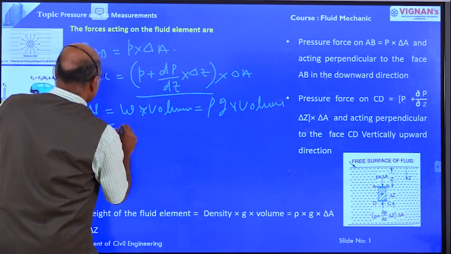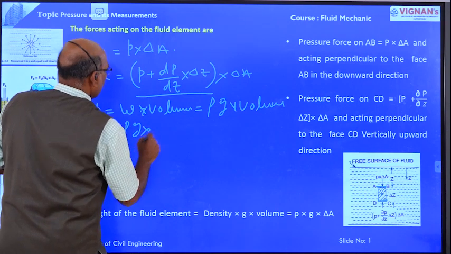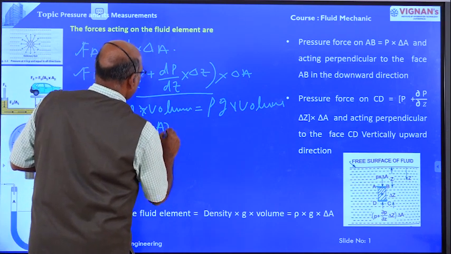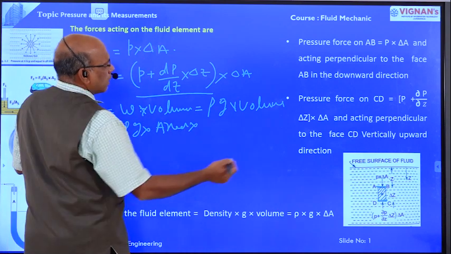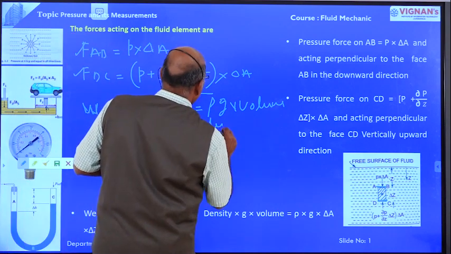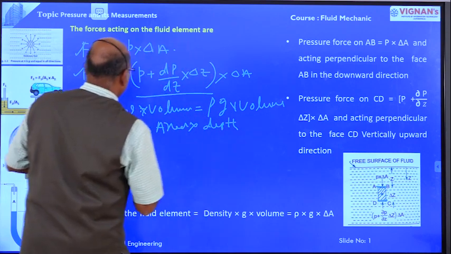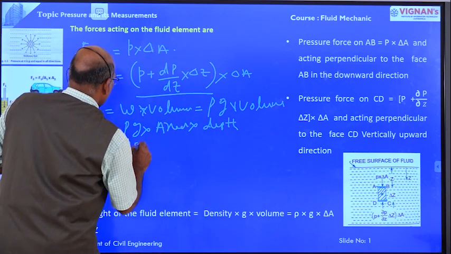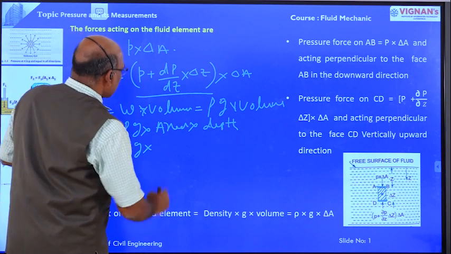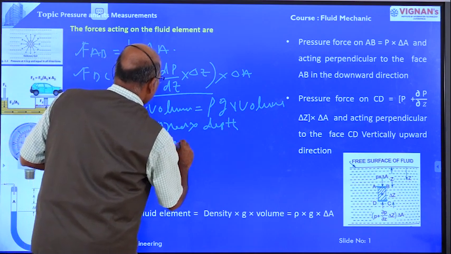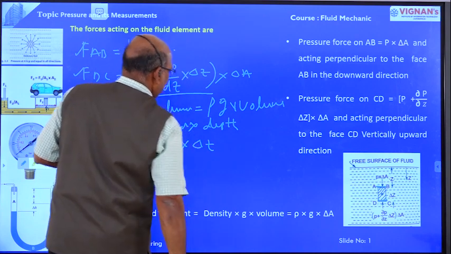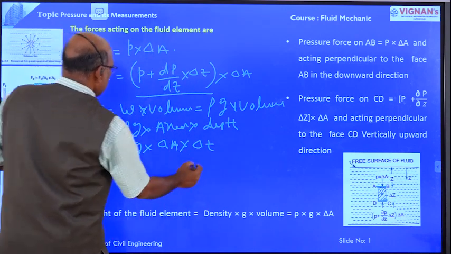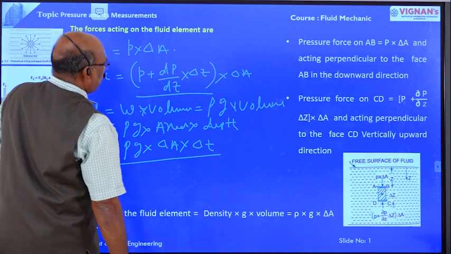Volume is nothing but area into depth. This is equal to rho g into the area, delta A, into the depth, delta Z. Right? This is the weight of the fluid element.